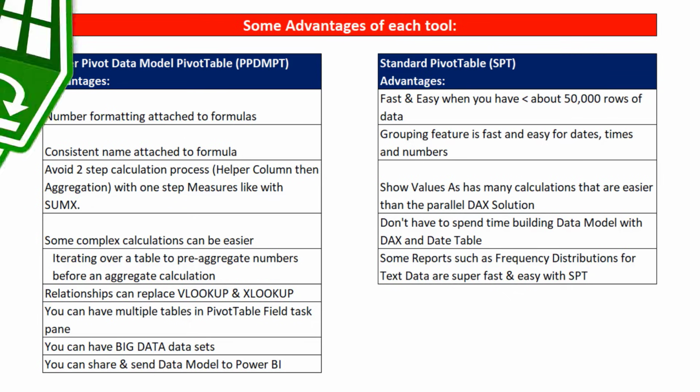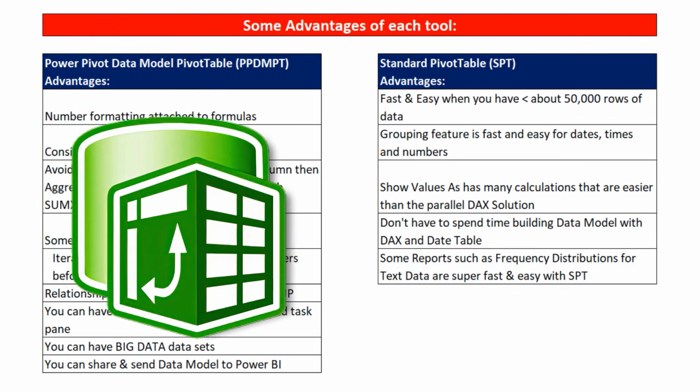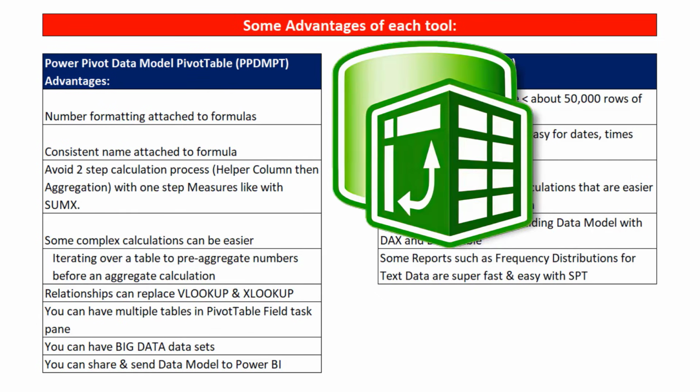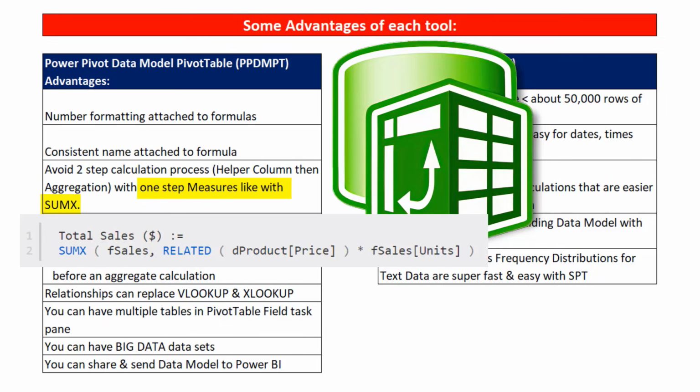Now we want to compare a Power Pivot Data Model PivotTable to a standard pivot table. With the Data Model PivotTable, you can have number formatting and a consistent name attached to the formula. You can avoid the two-step calculation process where you have a helper column and then an aggregation with a one-step measure like we saw with SUMX.